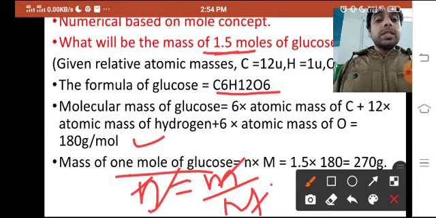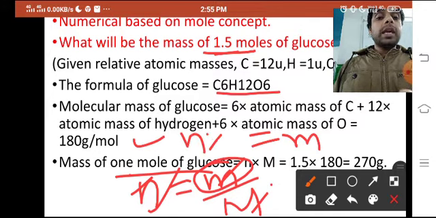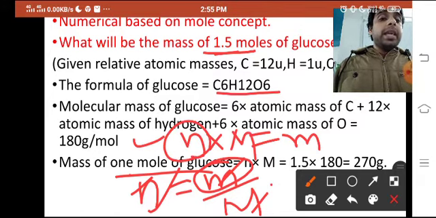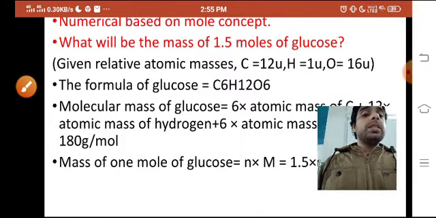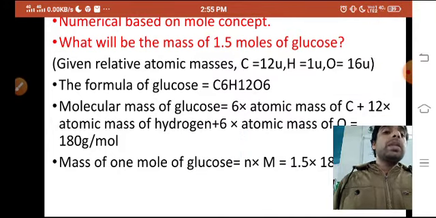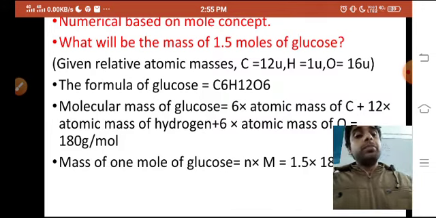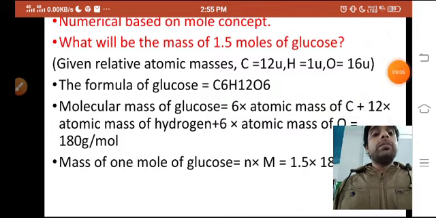Then m is equal to n into capital M, where n is 1.5 mole. So 1.5 mole multiplied by 180 gives 270. Your answer would be 270 gram. The mass unit is gram.